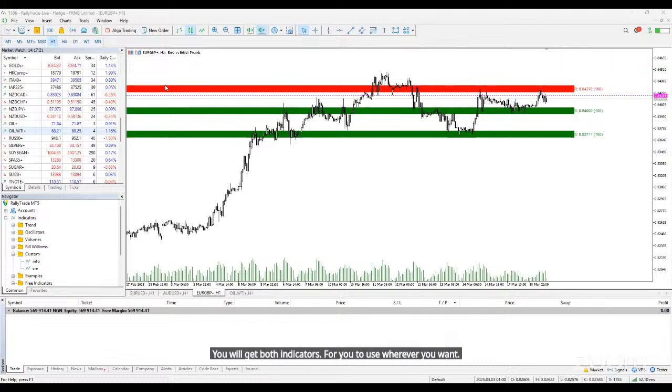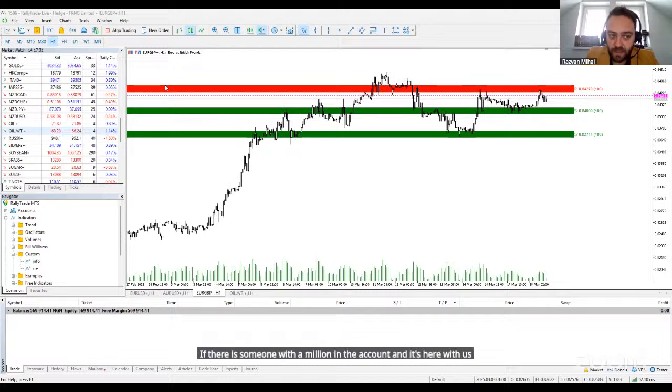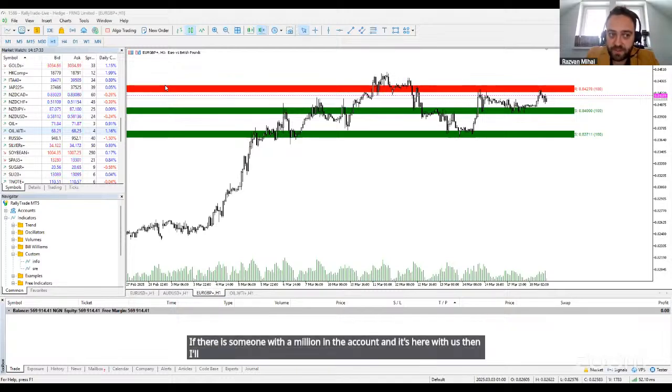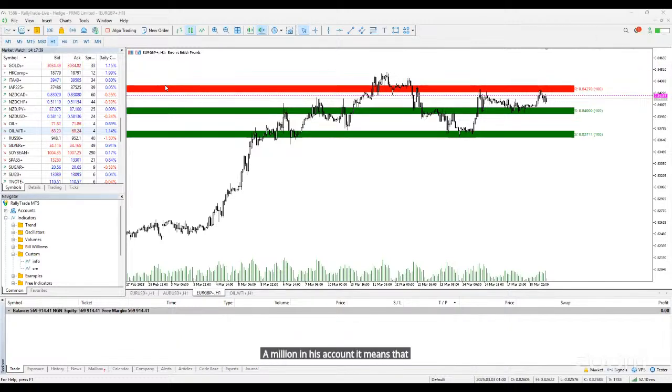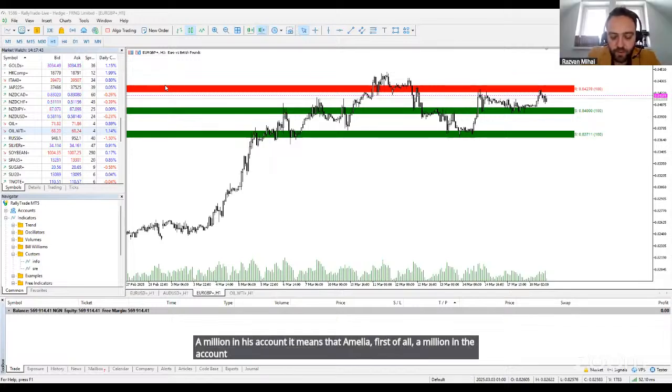Okay, Razvan, what about if somebody already has a million in their account? If there is someone with a million in the account and is here with us, then I'll make a 50% discount for that. That's very kind of you, Razvan. First of all, a million in the account means that everyone would like and wants to trade and be profitable in this market.